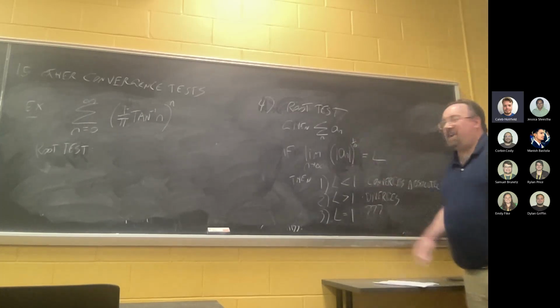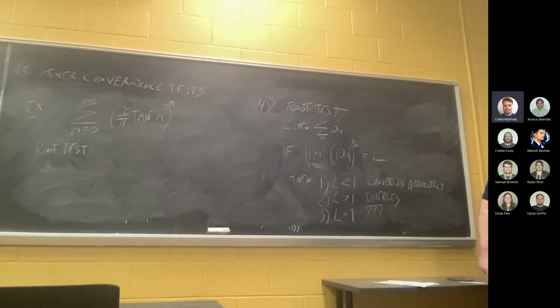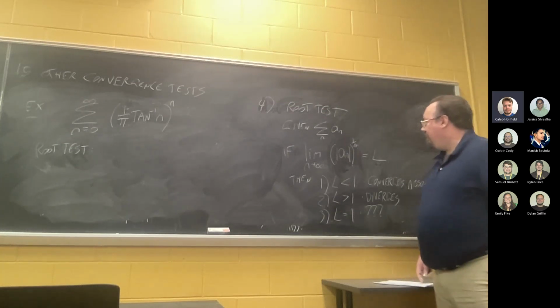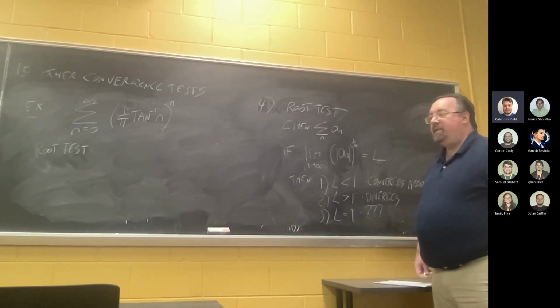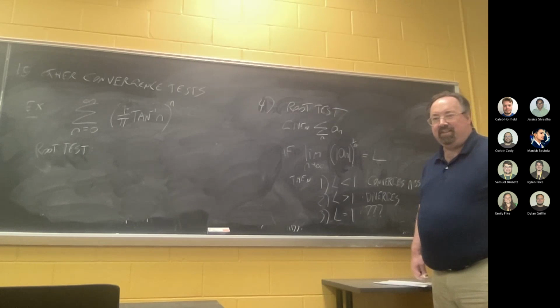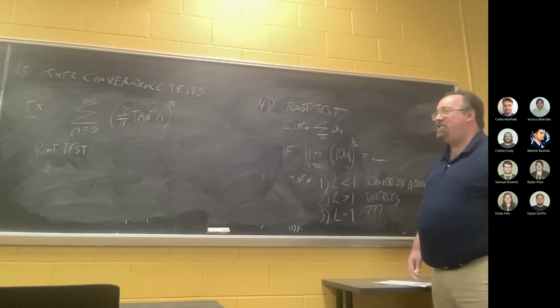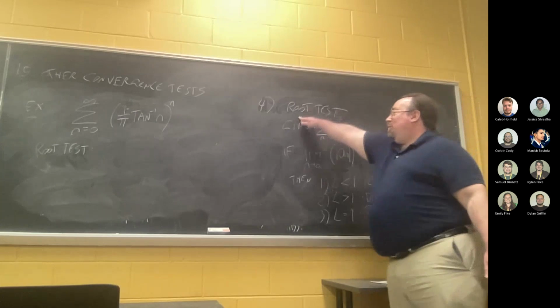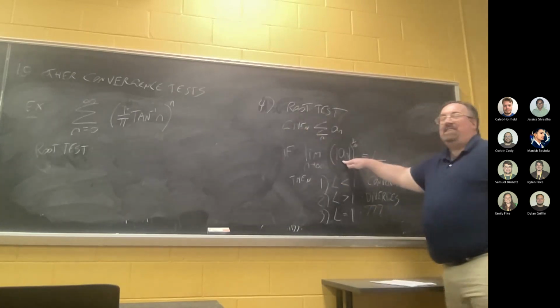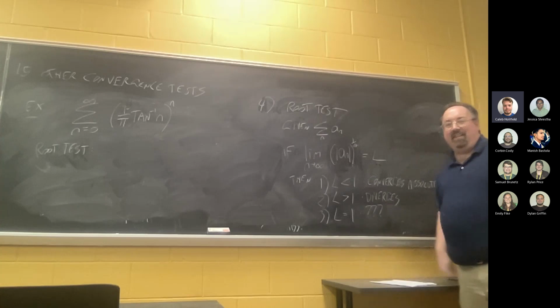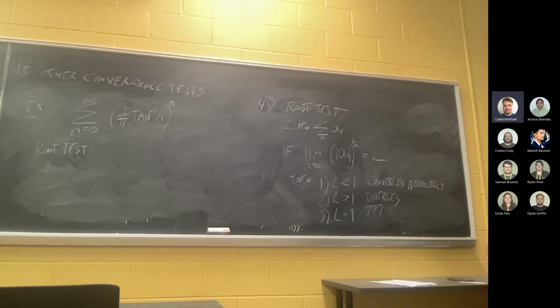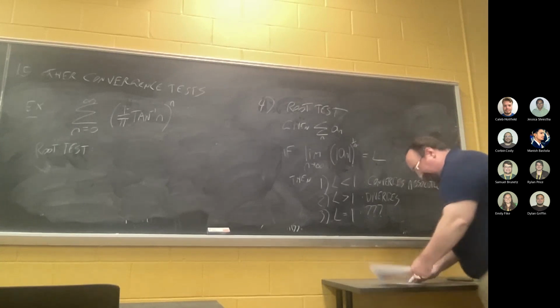If the limit as n goes to infinity of the absolute value of a_n, was that a_(n+1) over a_n earlier? For the ratio test, it was. For the root test, it's pretty much the same thing, except that that's just changed. What I wrote for the root test versus the ratio test, not much had to change. The only thing that changed was root instead of ratio, and this.